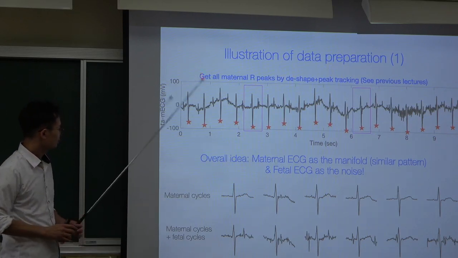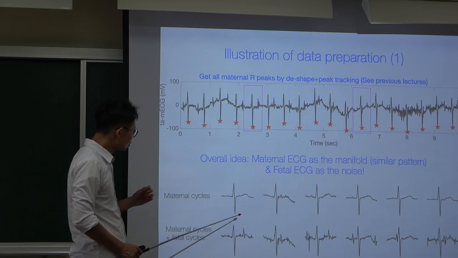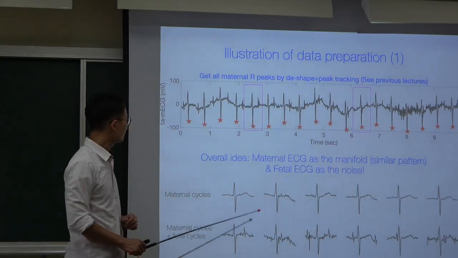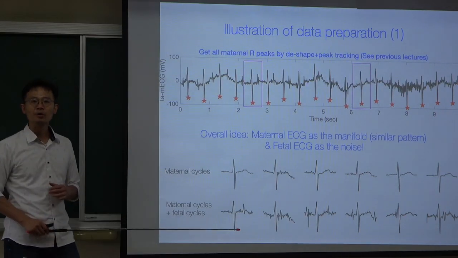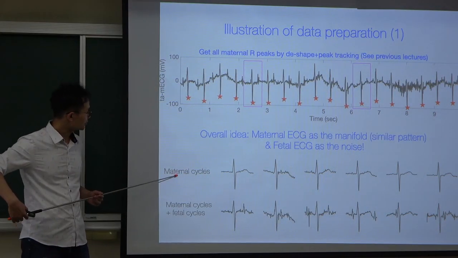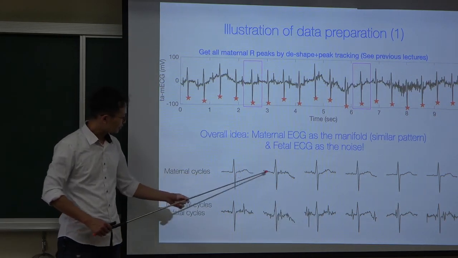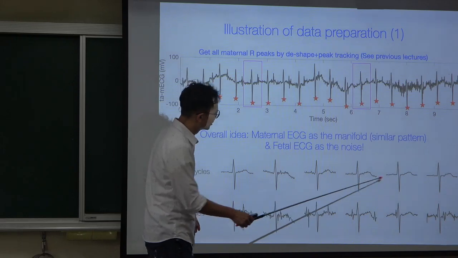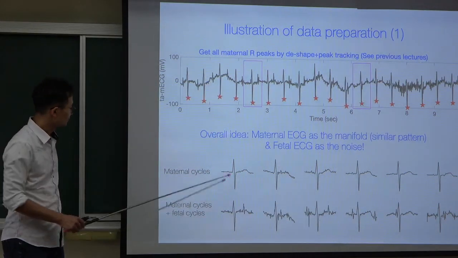So this is the illustration of assuming that we have clean data. That is, we already have the separation. We already get the maternal ECG, and you see that it is relatively clean. You just have one cycle, about one heartbeat.